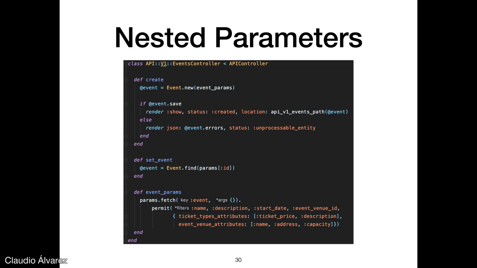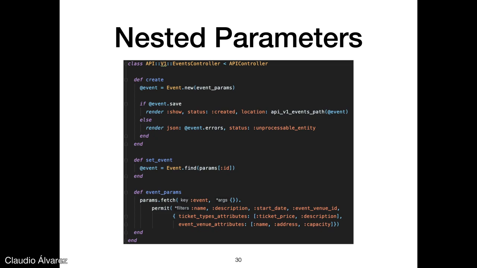La convención importante acá es que cuando le pones accepts nested attributes en el permit del controlador del objeto del modelo contenedor, en este caso events, tienes que especificar que van ahí los parámetros para ticket types, es decir, ticket type attributes y también los de event venue, ¿ya?